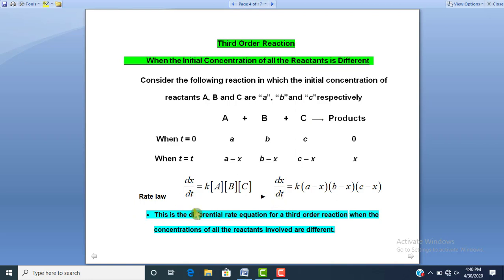So this equation or this rate law will be specific only to those reactions which belong to the category of third order reaction when the initial concentration of all reactants is different.